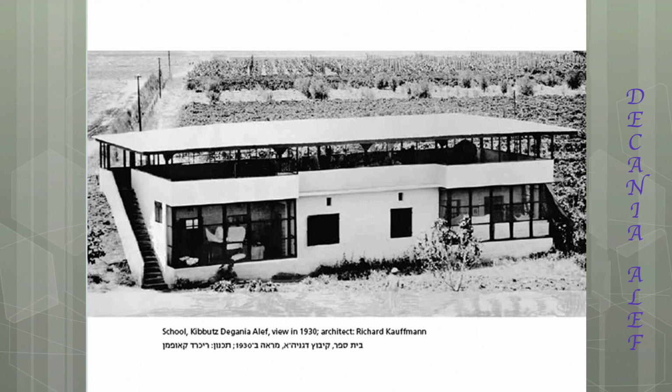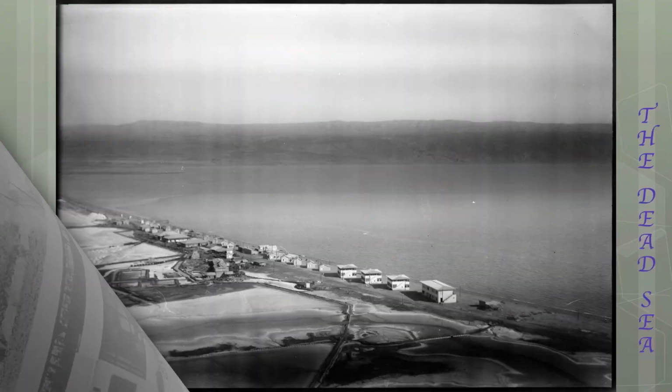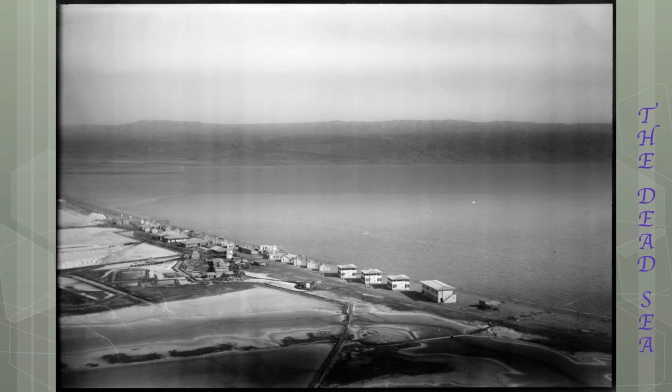Kauffmann's attention to climate played a key role in all of his architectural designs, especially those in extreme conditions, as shown in the next photograph. This is an aerial photograph of Dead Sea housing on the northern shore taken in 1931 that is part of a collection by the American colony now deposited in the Library of Congress.